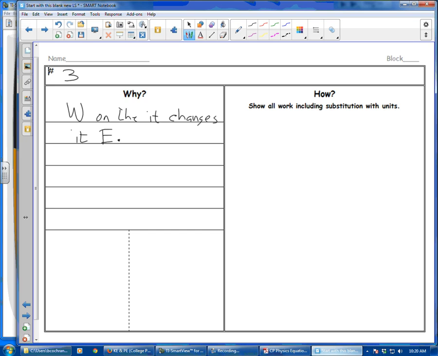Now, if you're throwing something, what type of energy does it have just to release it? Anybody? Especially people asking for number 3. When you do work on this rock or throw something, what type of energy does it have just to release it?